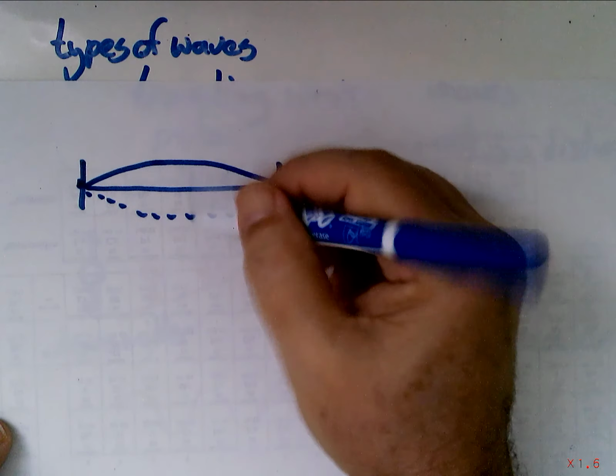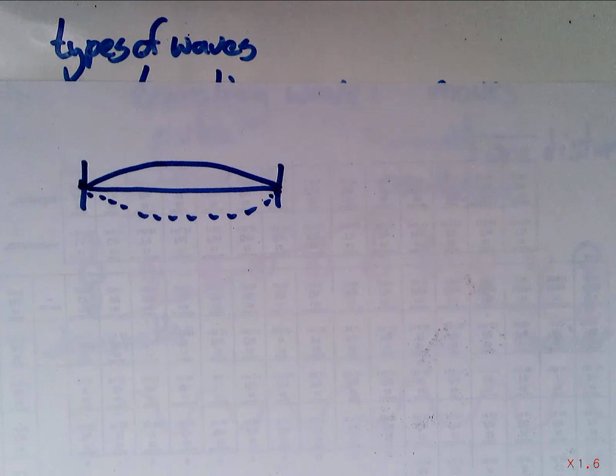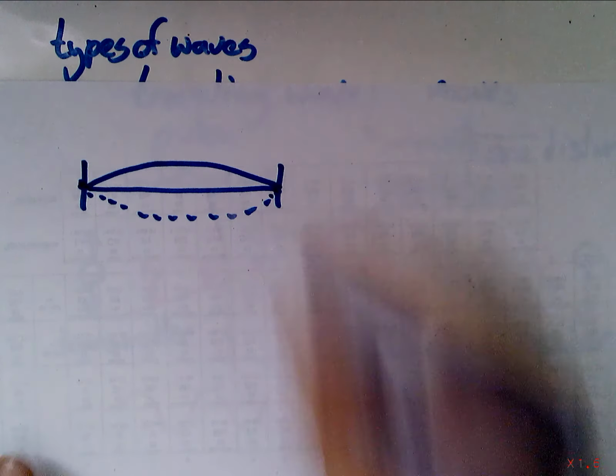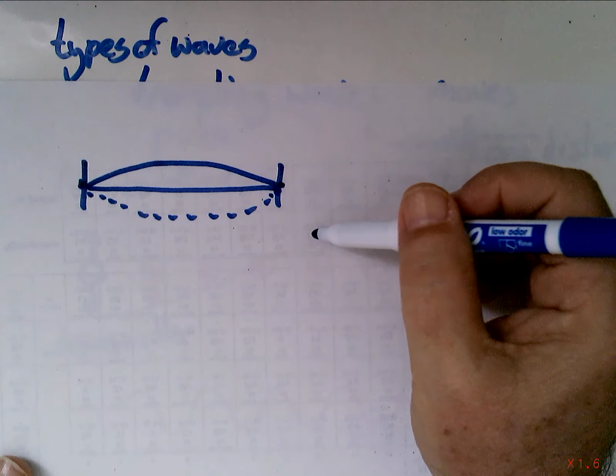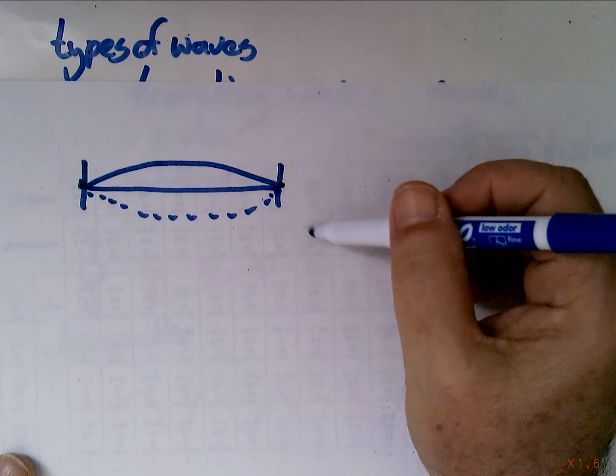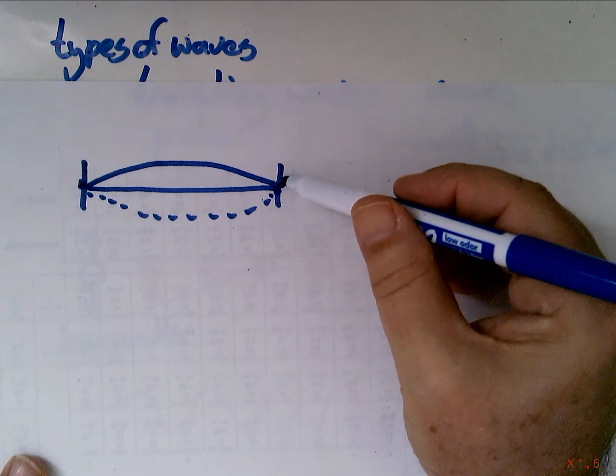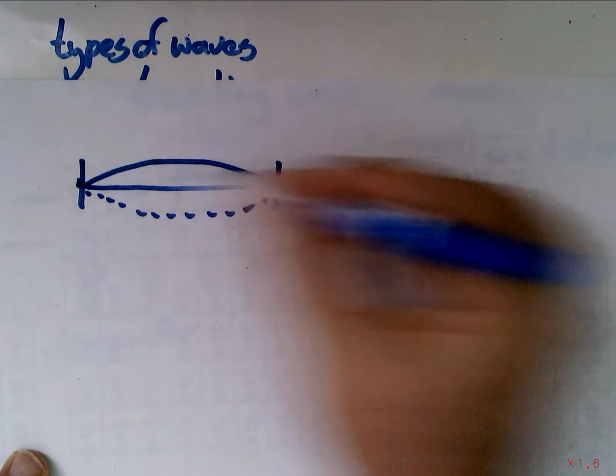It'll move up and down like this. You've got a wave there. It's an up and down kind of motion that you caused. But the wave, instead of being able to travel, hits the end of the string and gets reflected back. So there's a reflection going on here, and that keeps the wave kind of trapped here.